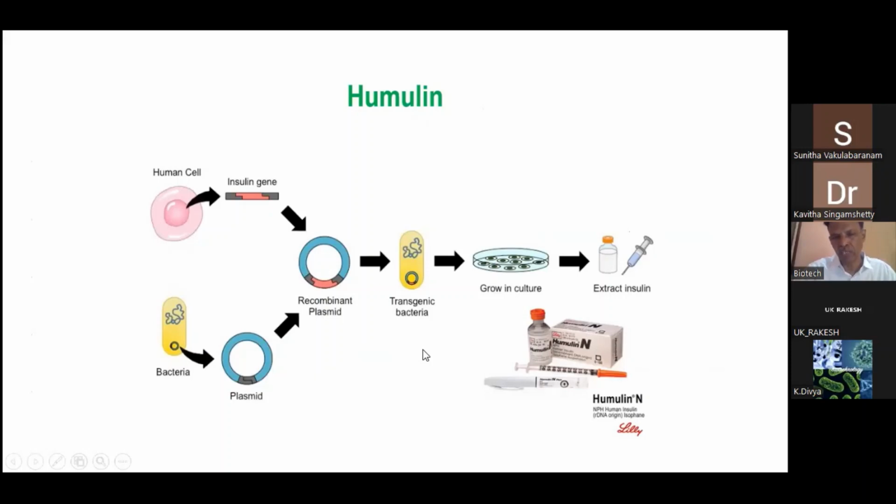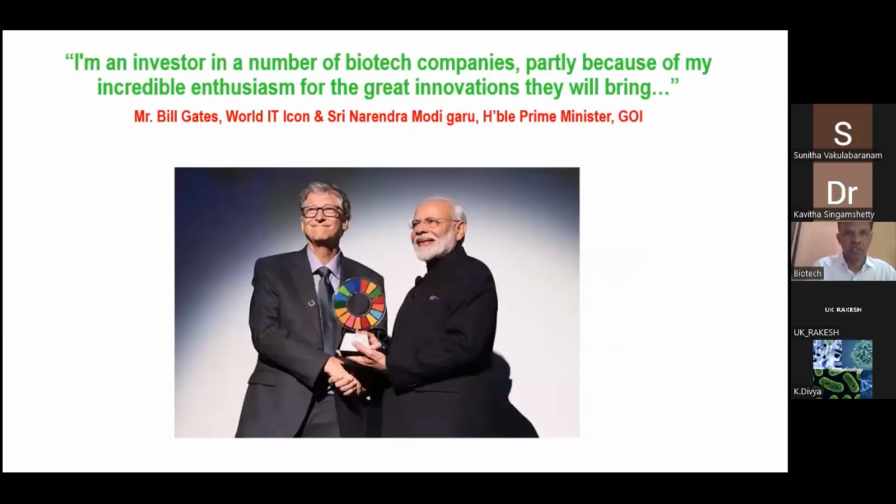The sugar level is either high or is low, so you have problems. So humulin is one very important compound, life-saving drug, which is produced for the benefit of elderly people who are suffering from diabetes.